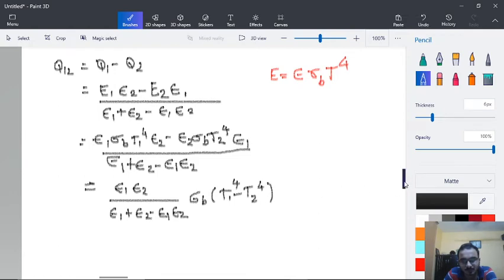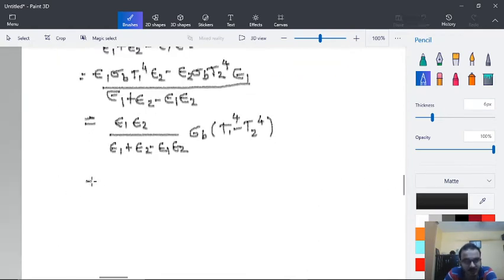Here we will be getting is equal to F12 sigma b T1 raised to 4 minus T2 raised to 4, that is the value of Q12.